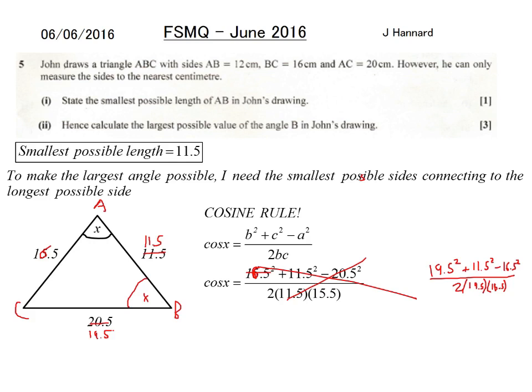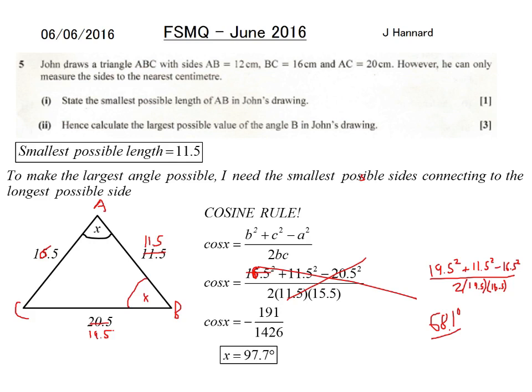I'm going to quickly do this on my calculator now. So 19.5 squared and 11.5 squared minus 16.5 squared over 2 brackets 19.5, 11.5, do the shift cos of that, and yeah, it's 68.1 degrees apparently. So if you got that, and that rings a bell, but I have just rushed through that, so that's probably my first mistake of the day.